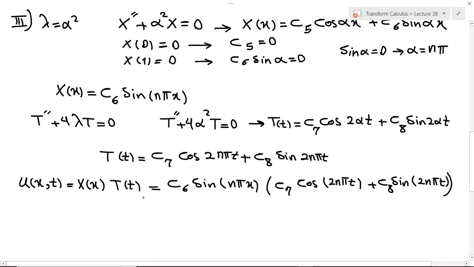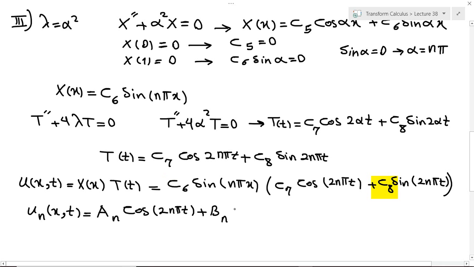So this solution is valid for all the values of n. As a result, I say we have u_n of x and t. It's equal to, if I multiply C6 by C7, I'm going to have another constant, so I call it a_n. So it's a_n cosine 2n pi t plus, if I multiply C6 by C8, we're going to have another constant, I call it b_n.